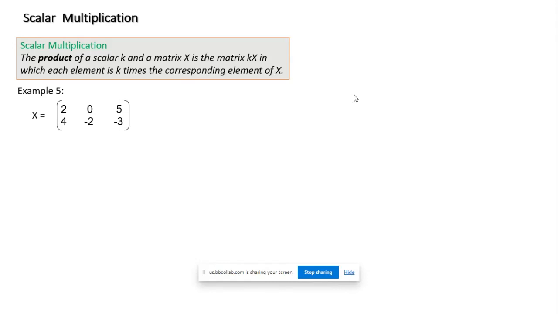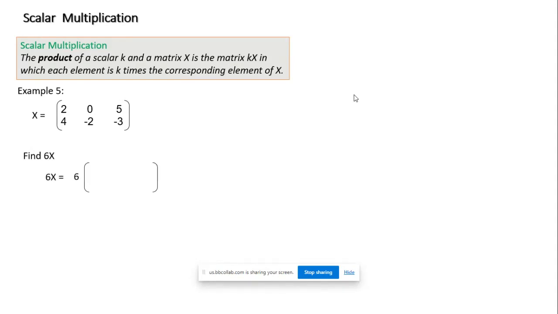So as an example, let's say that I have this matrix X, and it's a 2 by 3 matrix, and these are the elements 2, 0, 5, 4, negative 2, negative 3. And I want to find 6X. So if you see here, I'm not multiplying anything other than a scalar value, a number, a 6 to this matrix X. So the way to do this is that the 6 is going to be multiplied to each element in the matrix.